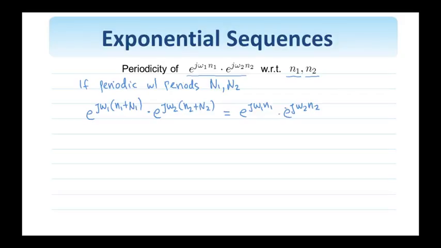So the question, in other words, is can I always find the capital N1, capital N2 so that this equality holds true? Well, let's see. If we just expand this or break it down to its components, I have this for the first exponential, e to the j omega 2 n2 times e to the j omega 2 capital N2, and this is equal to this.